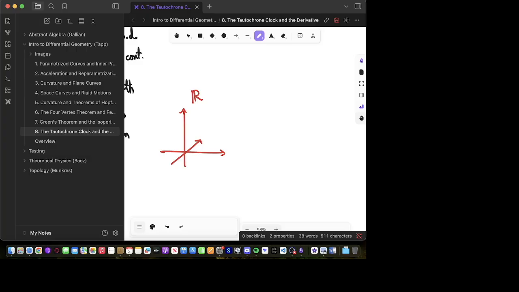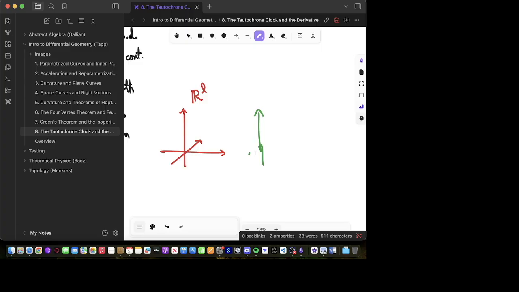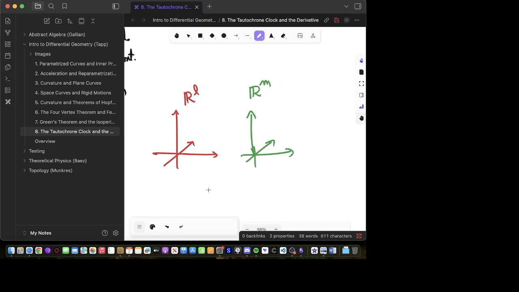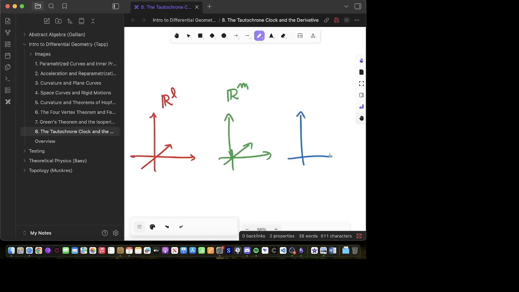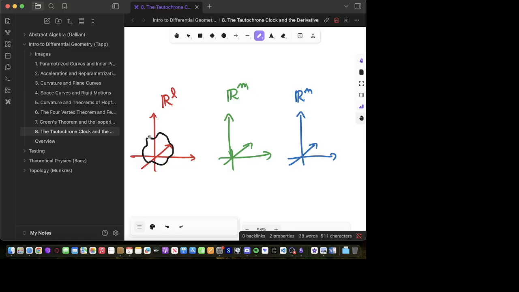So we have R^l, R^m, and R^n. So let's say we have some, this is U, and let's say it maps onto this tiny thing.